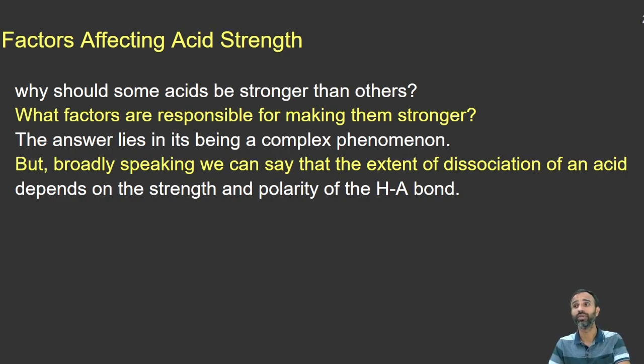Like we say H2SO4 is a strong acid, HCl is a strong acid, but H3PO4 is a weak acid. So what is the reason behind it? That we are going to discuss now. See, it is a very complex thing, but to make it simple, we take into account only two things: first is bond strength and the other is polarity of the bond.